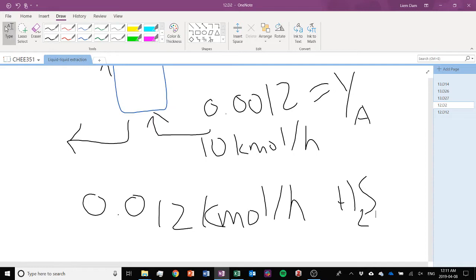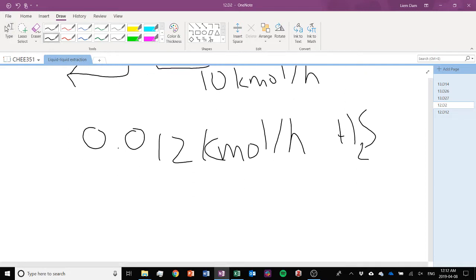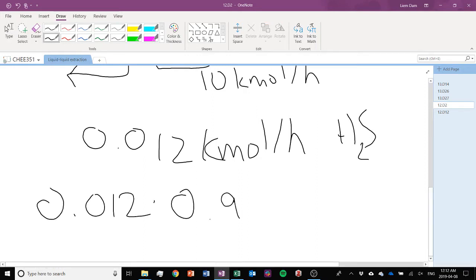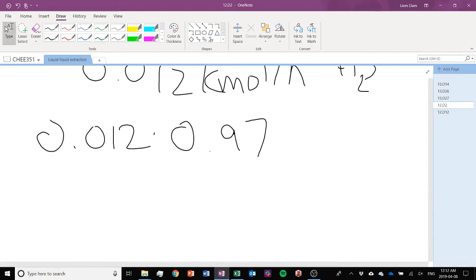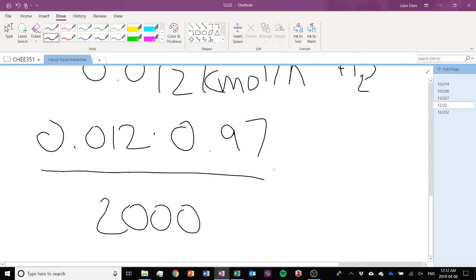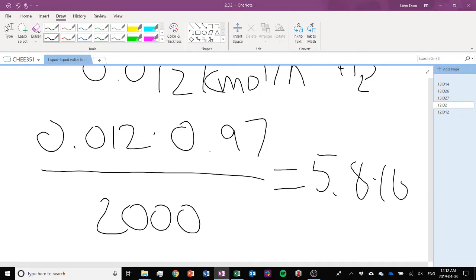And so we know 97% of this is going into the water. So 0.012 times 0.97, and then this divided by the total water flow rate. So this is the amount of kilomoles flowing out in the water, divided by 2,000, equal to the concentration of hydrogen sulfide in the water, and this gives you a value of 5.8 times 10 to the minus 6.